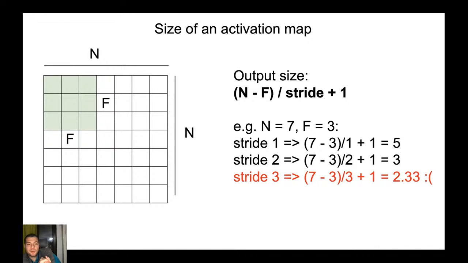In the previous examples, if we use a stride 1, we know that the output has 5 by 5 pixels. If the stride is 2, the output will have 3 by 3 pixels. And if the stride is 3, we cannot divide exactly, here this 4 by 3. So this is not a valid configuration of the convolutional layer.